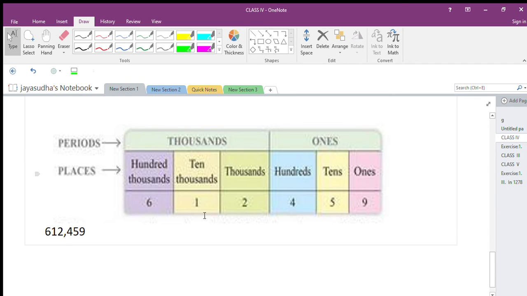First you join these 3 numbers, 612. What period? Thousands period. So after you finish reading this number, you join the periods. 612,459. Are you okay children?